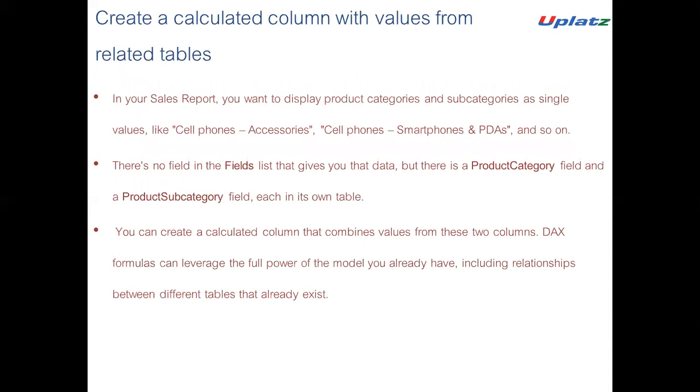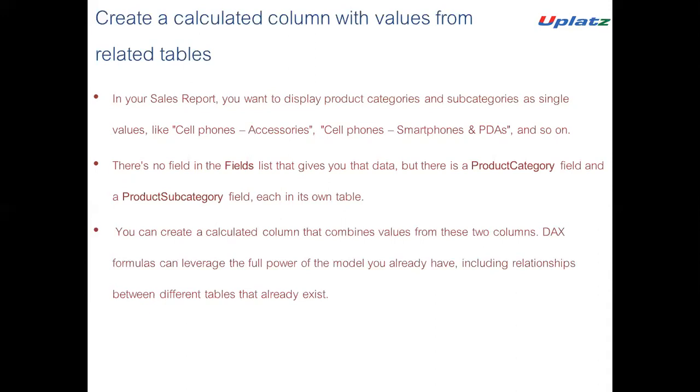Now we'll see how to create a calculated column with values from the related tables. Here we delve into calculated fields with the help of examples. In our sales report, we want to display product categories and subcategories as a single value, like cell phones accessories.